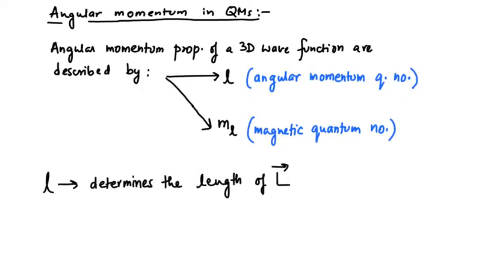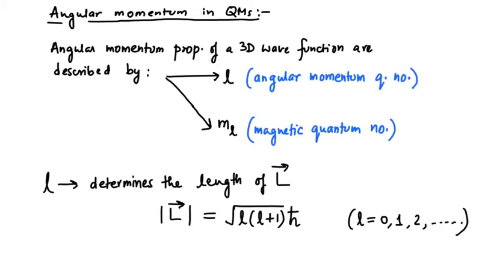The angular momentum quantum number determines the length of the angular momentum vector. So if you know the value of the angular momentum quantum number, represented by small l, then you can find the magnitude of the angular momentum vector by this formula. Here, l can take values 0, 1, 2, 3 and so on.